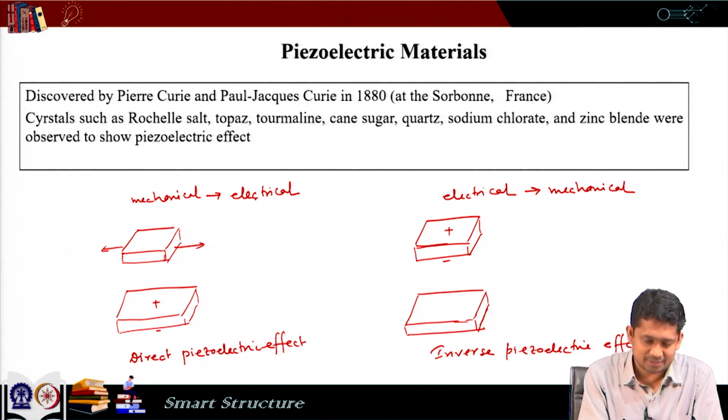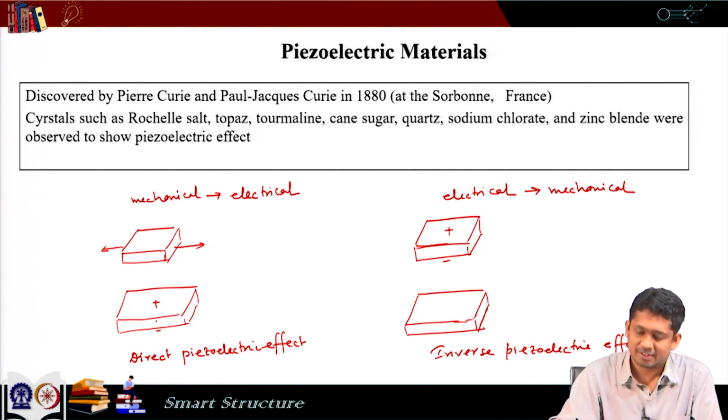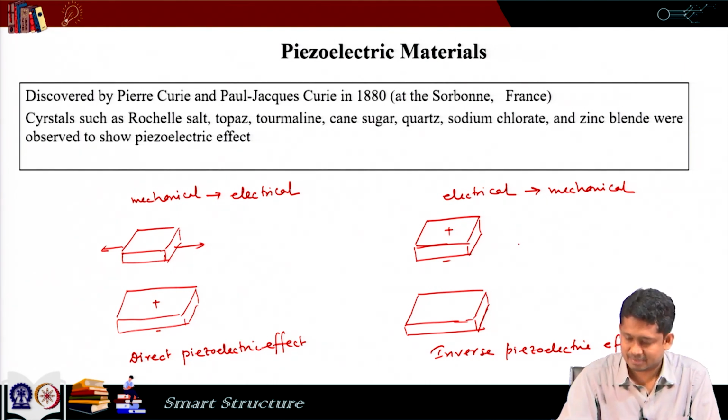Now, this direct effect makes these materials good candidates for sensing applications, because if we know the amount of voltage or the electric charge that we are getting, we can do some calibration and find out the amount of strain, and this inverse effect makes them good materials for actuation.